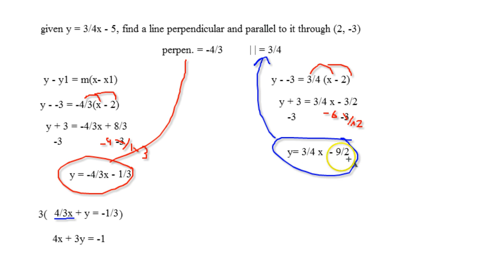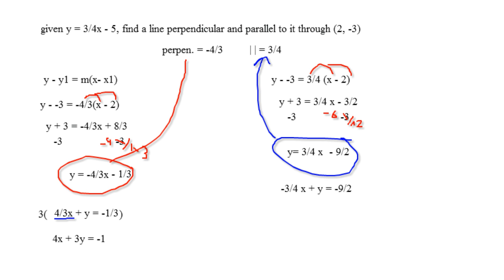Now on this one, we would multiply everything by the common denominator, which you could actually do in the beginning, but we're going to go ahead and minus it over to the other side, so it's going to become negative 3/4 x plus y equals negative 9/2.